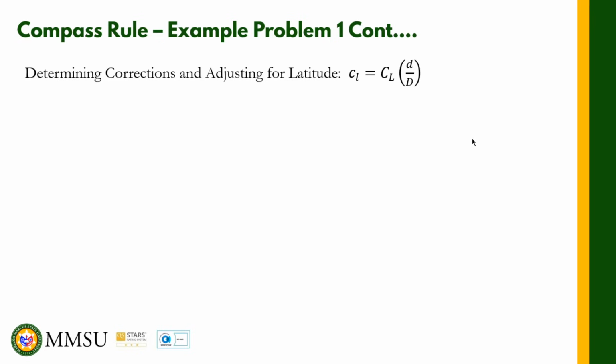So, the correction for AB, latitude muna ito. Latitude lang muna ito. So, for the correction for AB is equal to, okay, CL. Ang CL natin is the correction sa latitude.